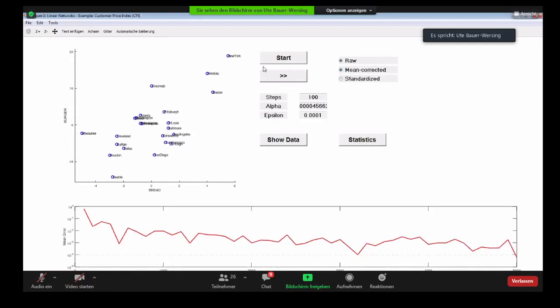Okay, that's fine. So basically this is the point where the update was the first time below the threshold we gave here. So what we do next is we look at what we've calculated.